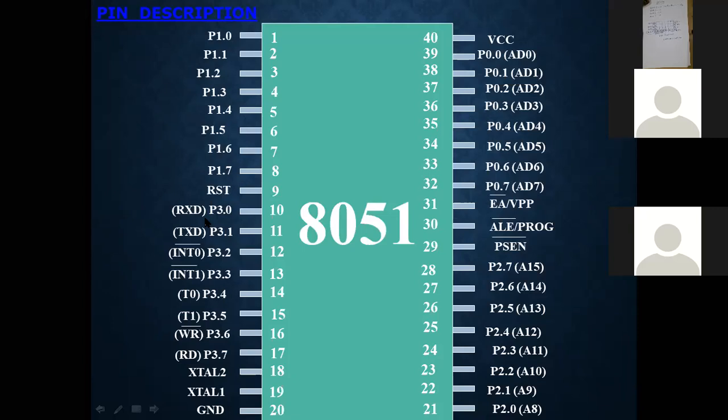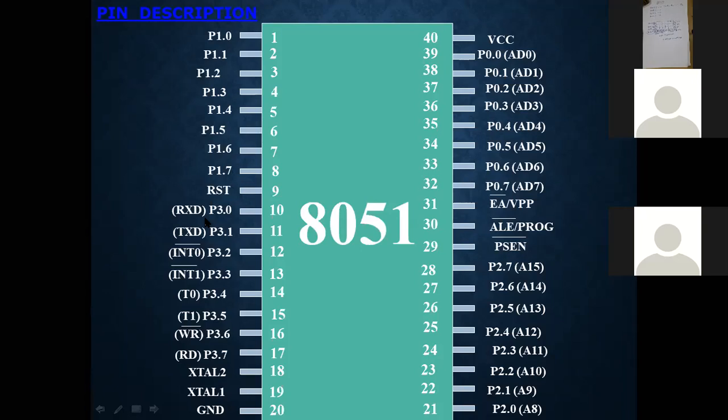So pin number 18 and 19, obviously two pins are given. Why, sir? Because if any hardware crystal has been connected to these crystal pins, pin number 18 and 19, then what happens? The crystal is having two pins, two legs.